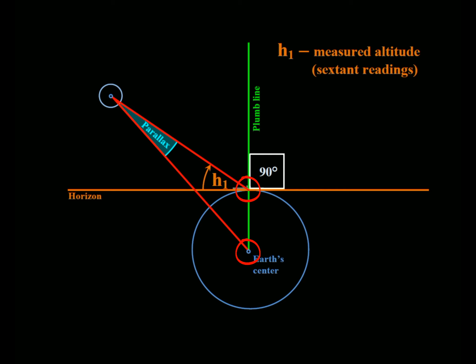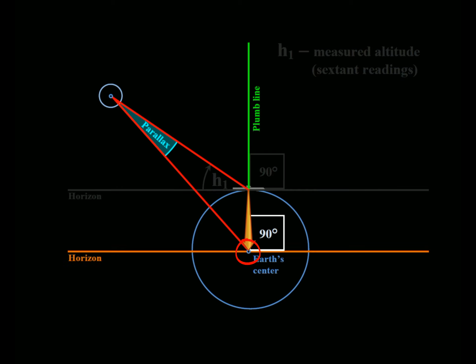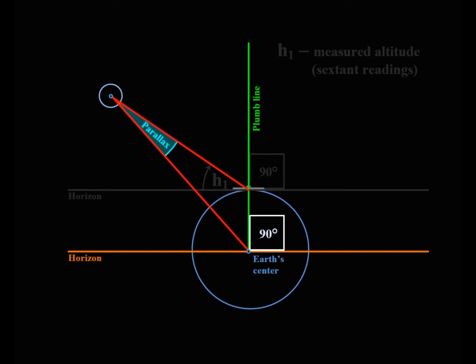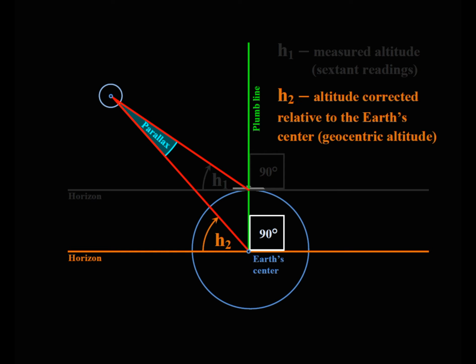To do this, we will transfer the plane of our horizon so that it passes through the center of the Earth. The right angle to the plumb line must be maintained. The H2 angle corresponds to the corrected altitude. The difference between the corrected and the measured altitudes is the parallax value.